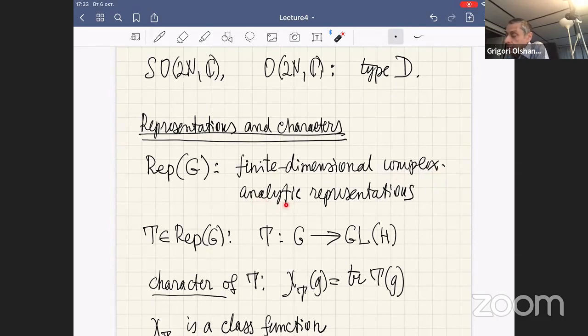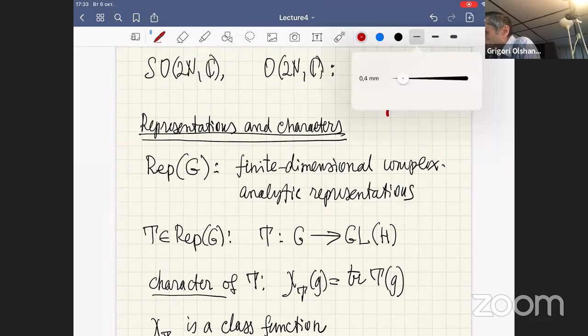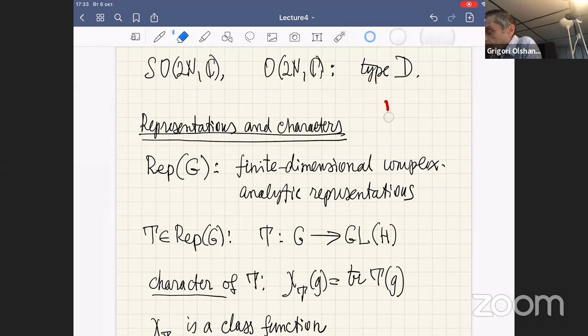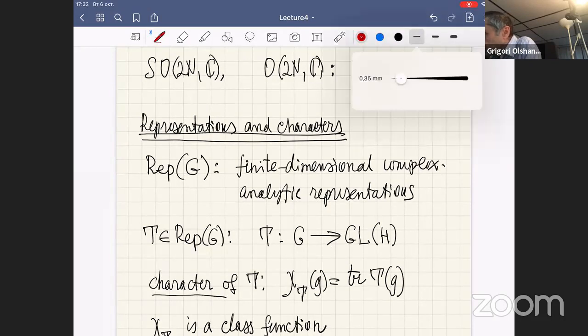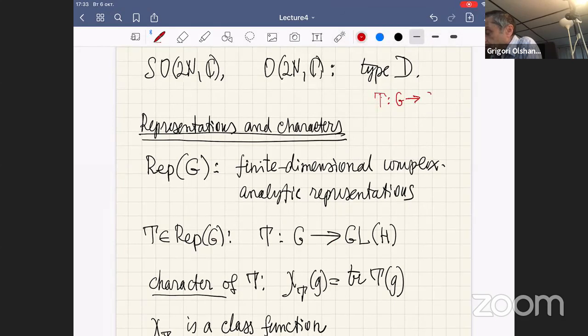A representation T is a map from G to some space of operators.